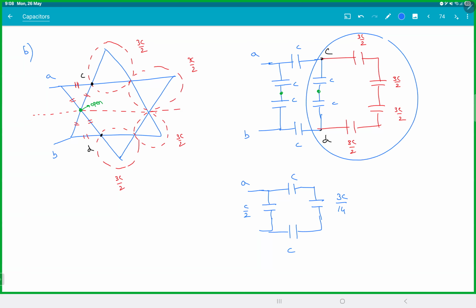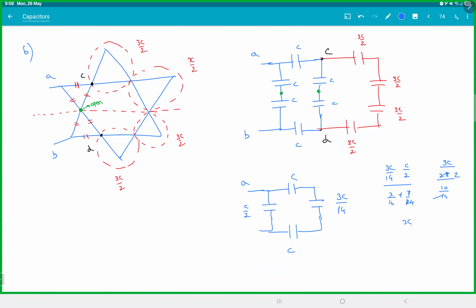So this entire chunk is 3C by 14. 3C by 14 and again C by 2. That is 7 and 14. So 3C by 28 by 10 by 14.